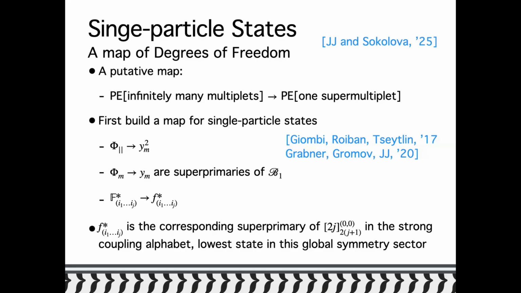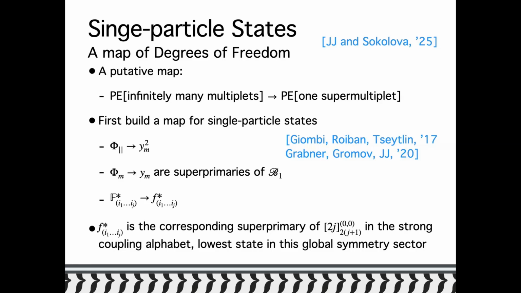Now, the fact that phi parallel goes to ym square, some evidence for this was already given in a paper of Arcadi along with Simone Giombi and Rado Roiban back in 2017. And then by explicit computation of the dimension of that state with Nikolai Gromov and David Grabner, we also showed that indeed that's what happens. Both phi m and ym are superprimaries of a B1 multiplet and they have protected dimensions, so it's natural to expect that they will go from one to the other.